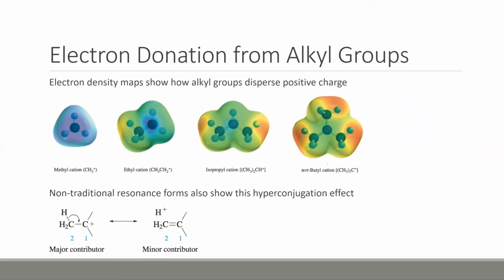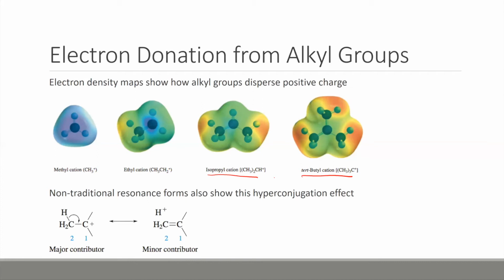And you can see that as we move towards the tertiary from the original methyl cation, we have a better dispersal of charges. Both the secondary and the tertiary, in fact, disperse their positive charge so well, and they have areas that are neutral or even some areas that are slightly negative.